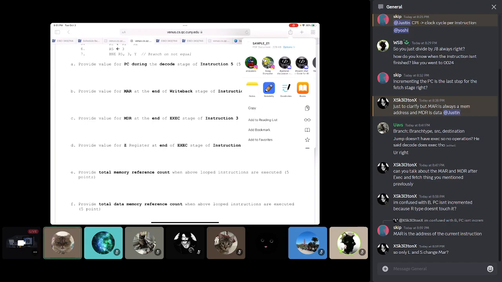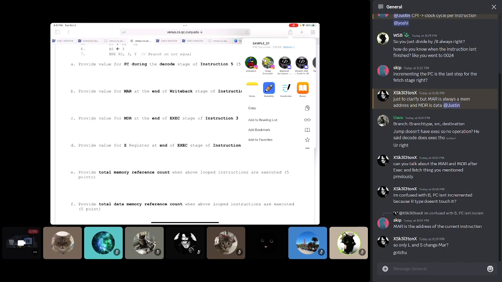Basically, the MAR is only changed after the fetch stage in L and S types. That's basically it. You would think that in branch we're dealing with MAR because we have to put the label in MAR and then update PC to that. All we're doing is that if it's equal, then we just update PC to whatever that label is. We don't have to store it into MAR and then do it. Okay.